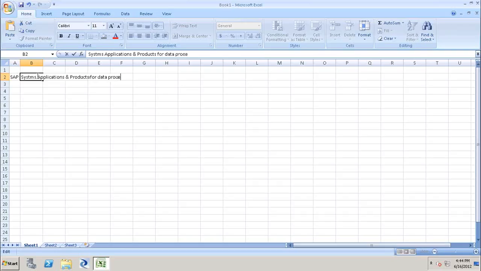So this is the full form of SAP, which they started in the year 1971. And it's a German-based software company, I think initially started by three IBMers. Those guys were ex-employees of IBM, and they started this SAP in the year 1971.